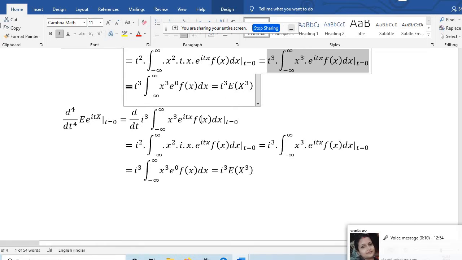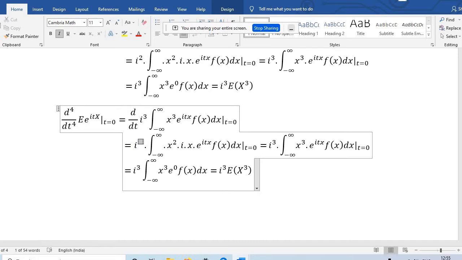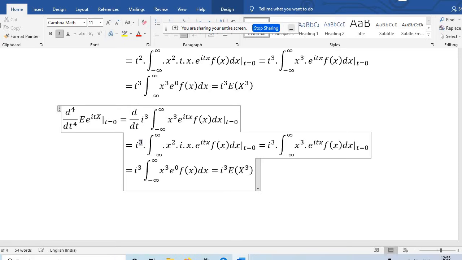Okay, so you can use that result here, and then it will be I cube into x cube into I into x into e raised to itx f of x dx at t equals 0.